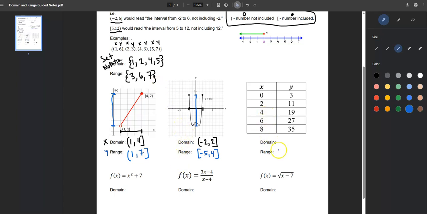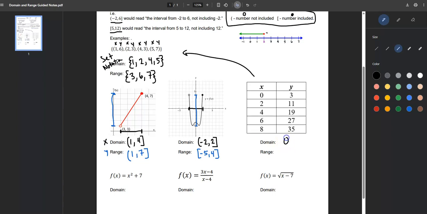All right. This next example here is a table of values, which is the exact same thing as just writing out your points. So it's not the numbers in between. We just have this ordered pair 0, 3, and this ordered pair 2, 11. It's just in a table instead.